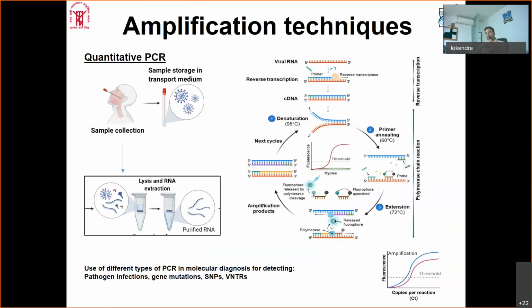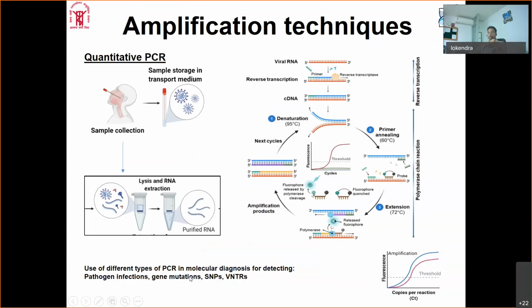So more transcript, lower CT value, and this can be used in various types of modifications for detecting pathogen infection. This is an example of COVID-19 infection and how we detect gene mutations.